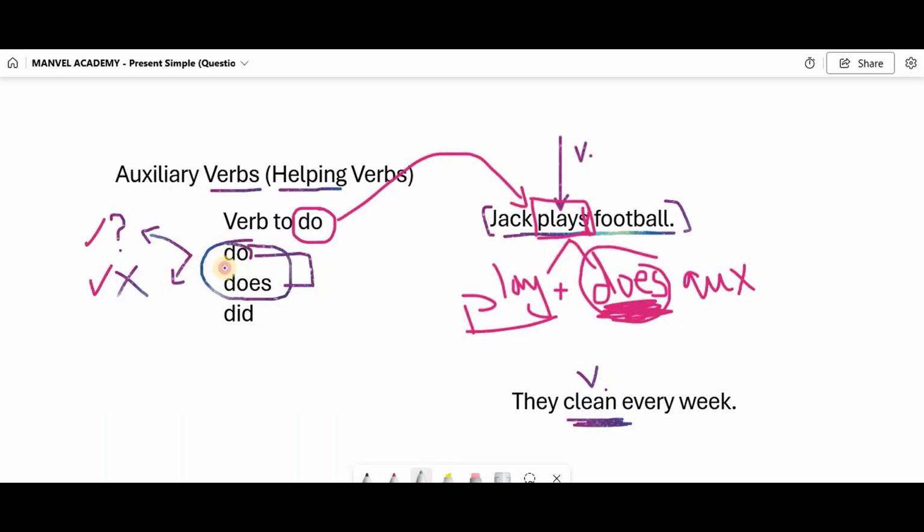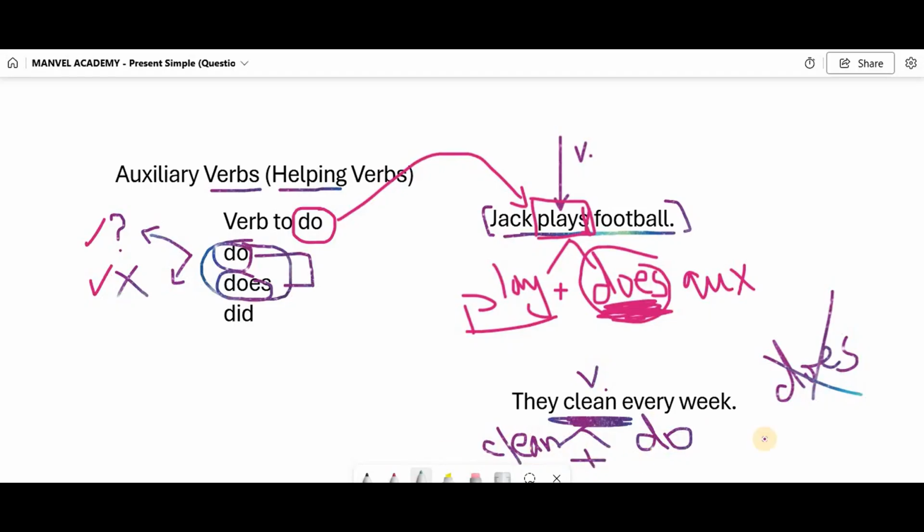Since I am in the present, is there an S here? No. So it can't be does, because there's no S. If it's not does, then it's what? Excellent. It's do. So it's clean plus do. Do I have an auxiliary verb now? Yes, I do. Here it is.